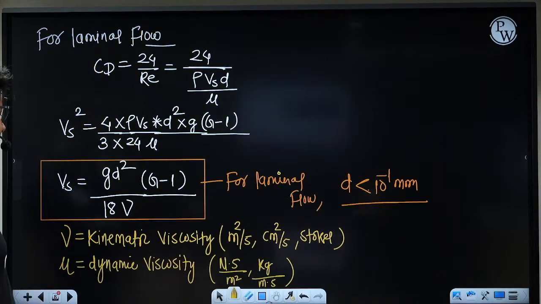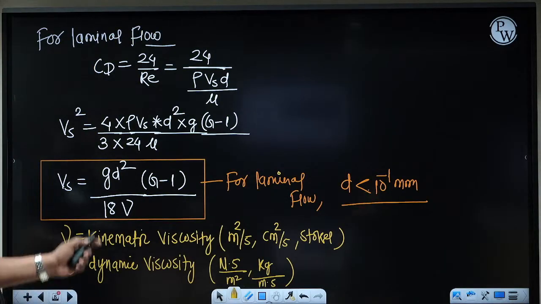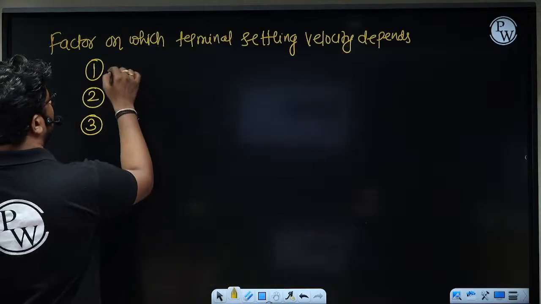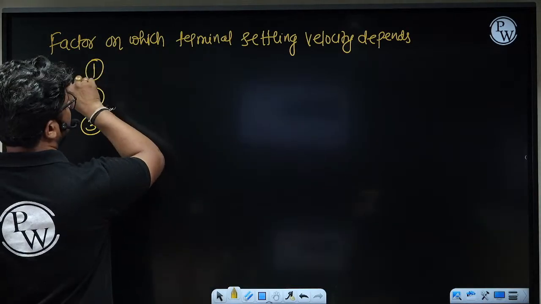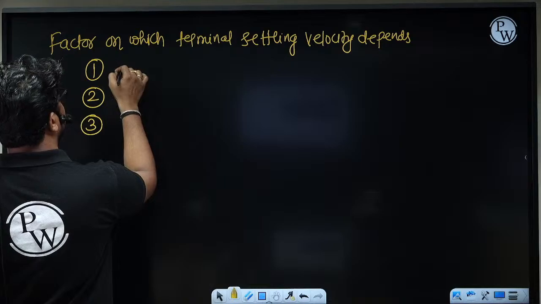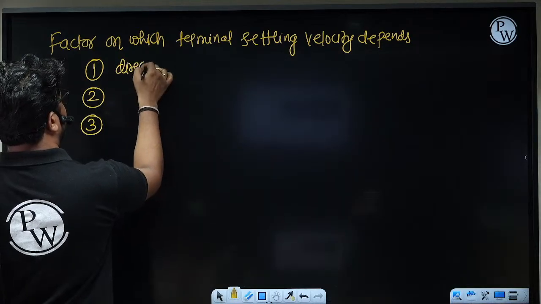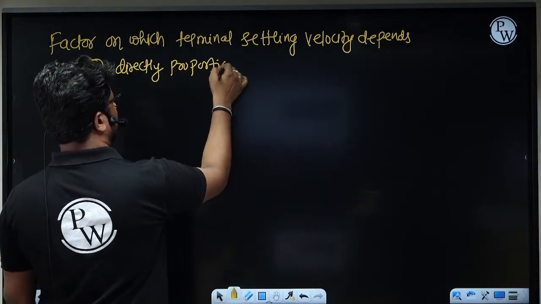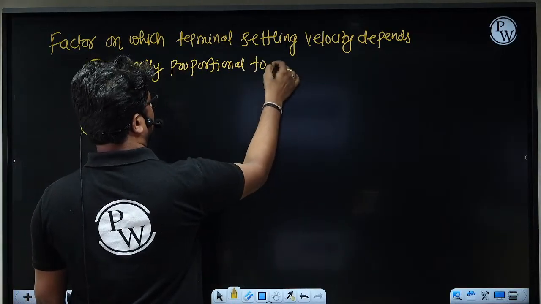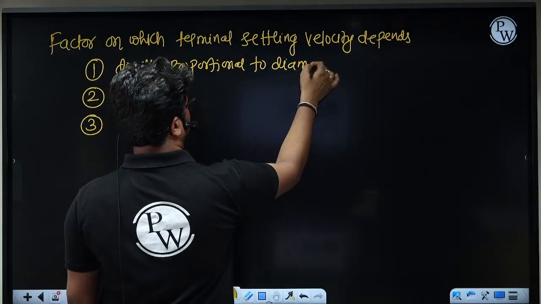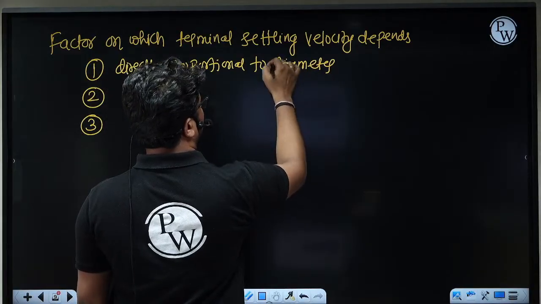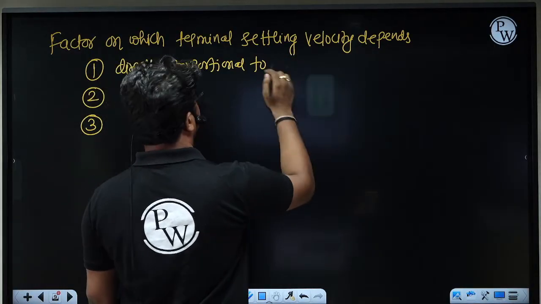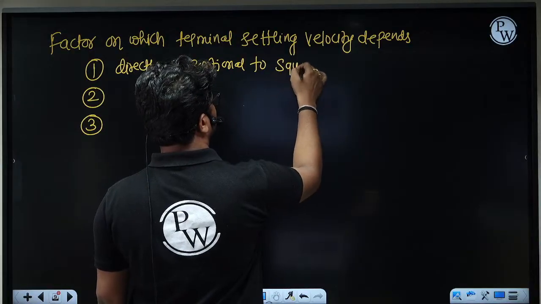The first factor will be the diameter D. So terminal settling velocity is directly proportional to the diameter, or it's better to write directly proportional to the square of the diameter.